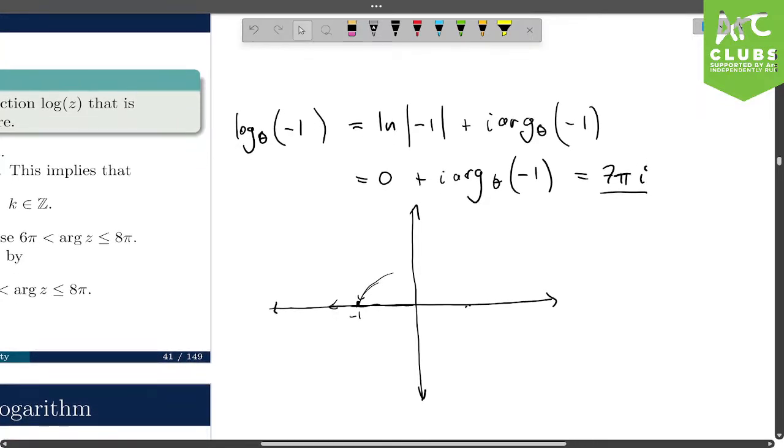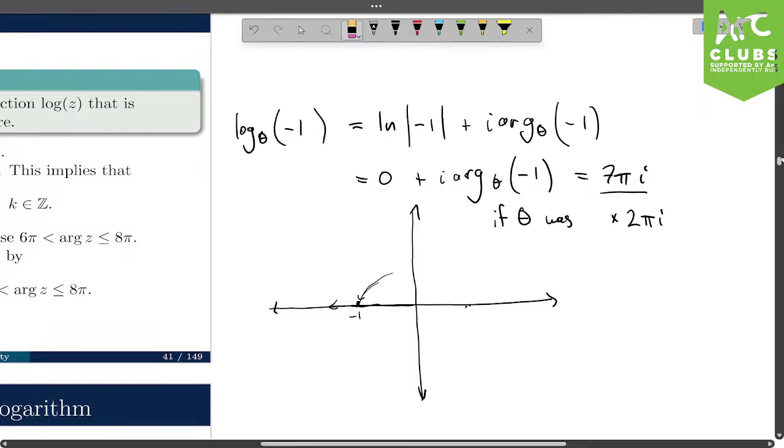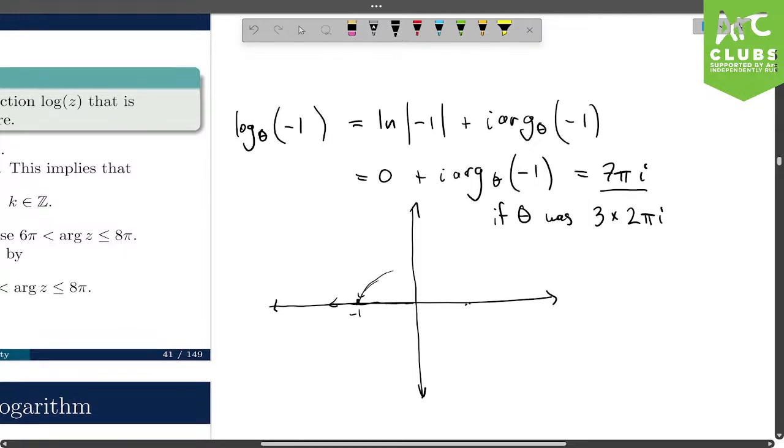So if our angle theta was 4 full rotations, which is 2 pi, then it would bring us then, sorry, it shouldn't be 4, it should be 3. 3 times 2 pi. Then this value of theta would actually work, right?